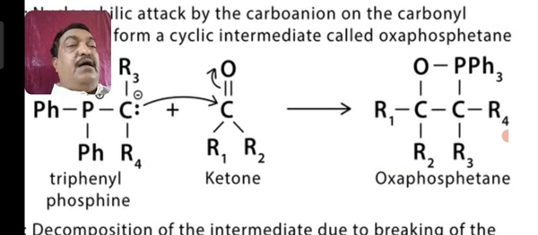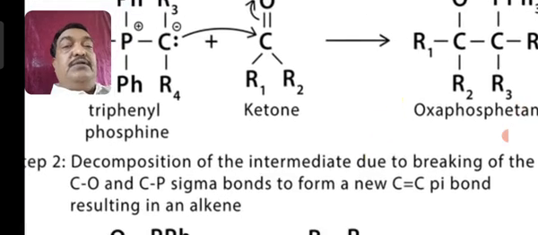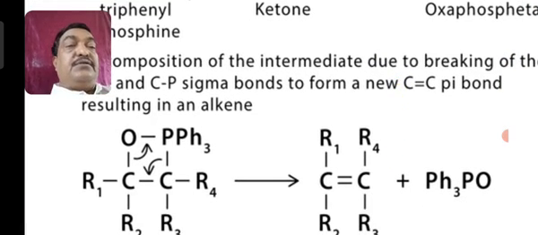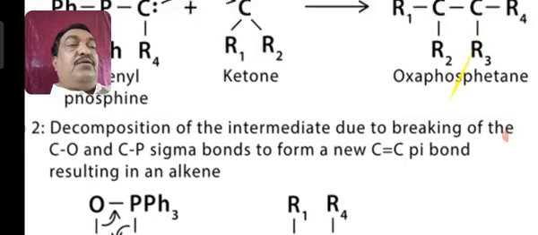So you will get R1, R2, C, O minus, it is not that bond, it is O minus, and P, PH3, and R3, R4 on the second carbon. So this is an oxophosphatane, right?